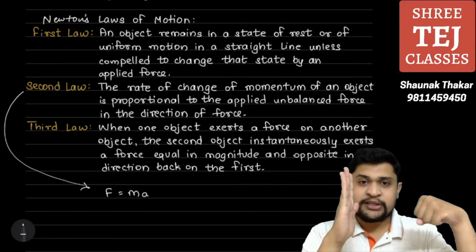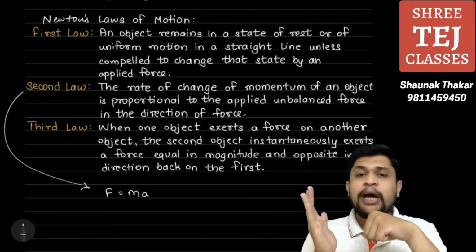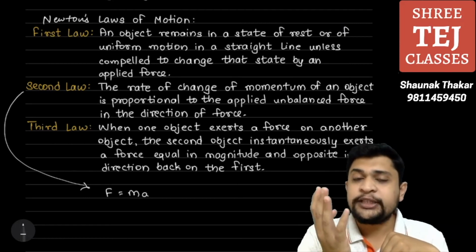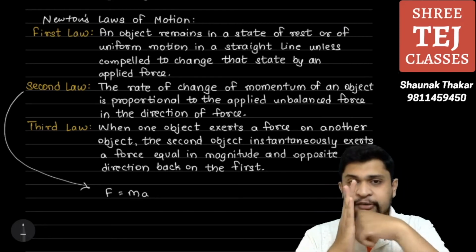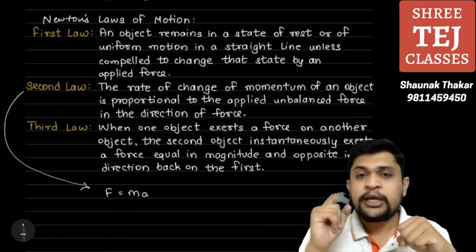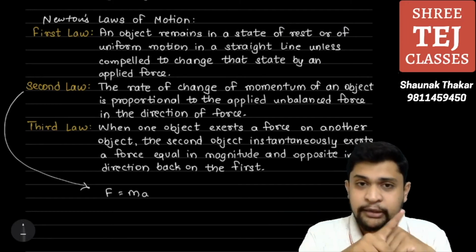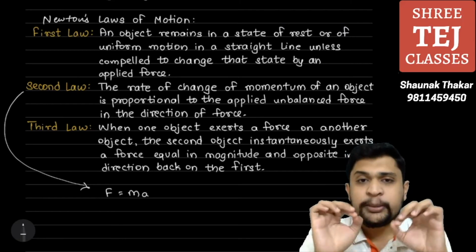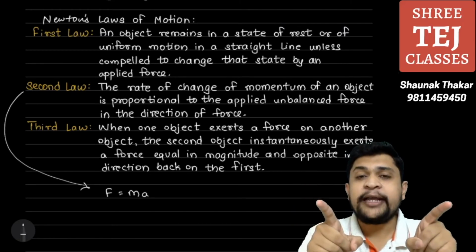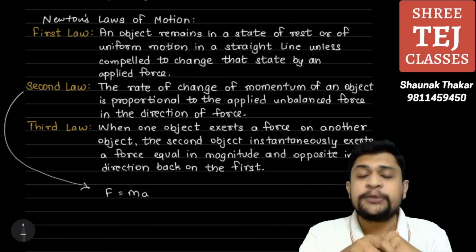So when my fist hits my palm, the palm will also exert a force equal in magnitude and opposite in direction. Because force by fist was in this direction, force by palm will be in this direction and their magnitudes will be equal.